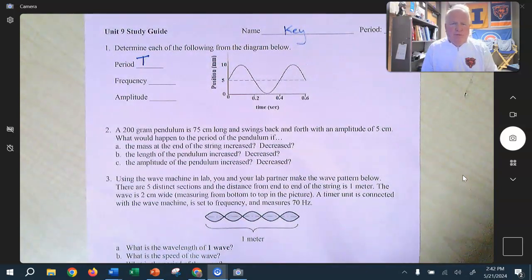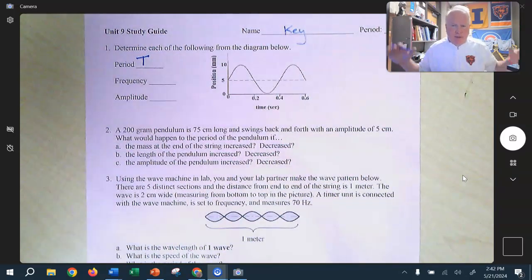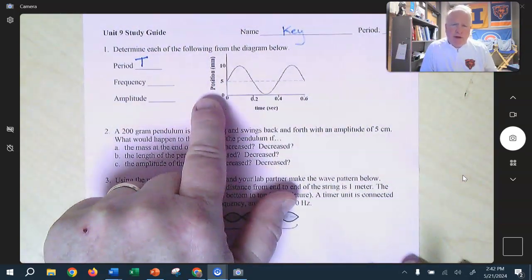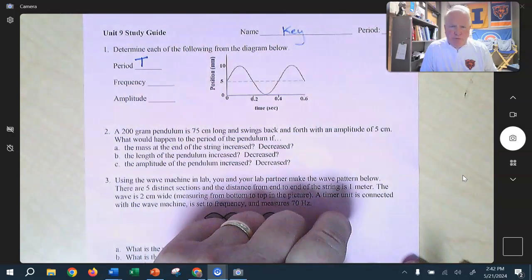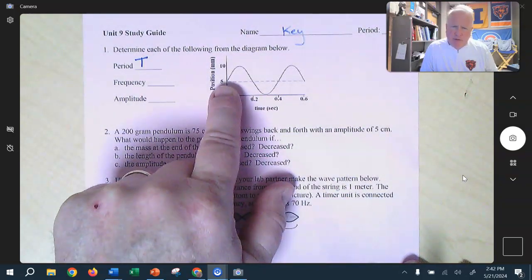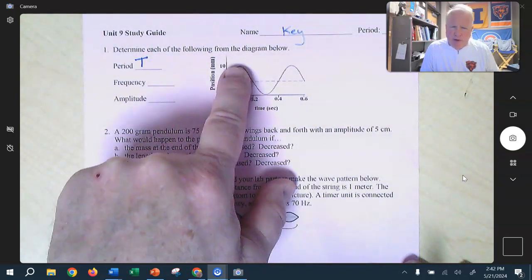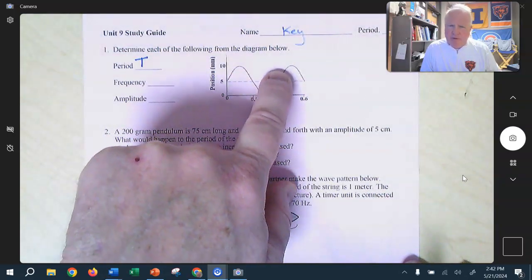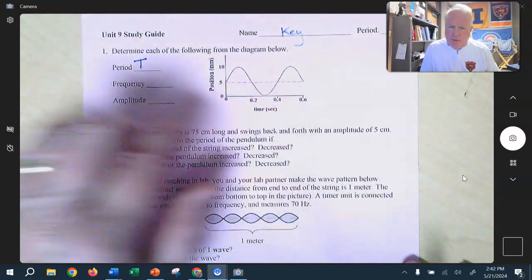But the one thing you have to remember: period is the time for one complete wave, or one complete motion, or one complete flapping of the wings or whatever it is. So if we're looking for the time for one complete wave, I'm going to draw with my finger. One complete wave goes up, down, and then back up, and this is where the motion starts to repeat itself.